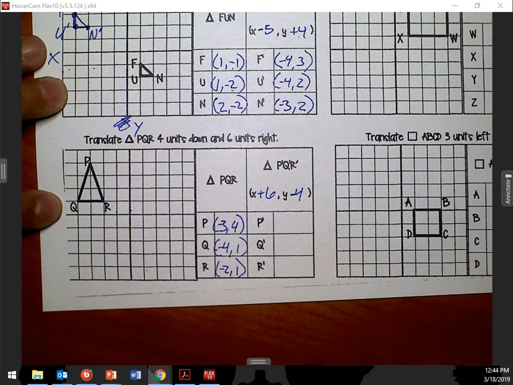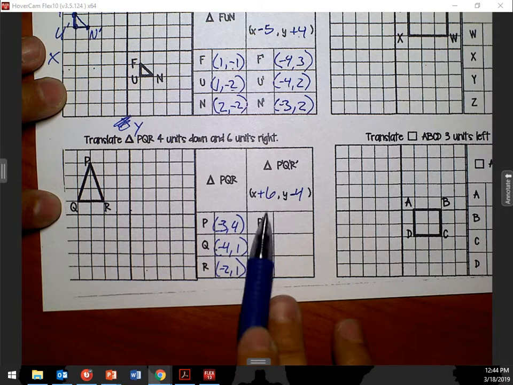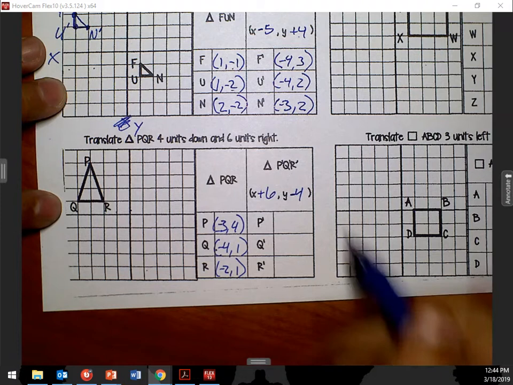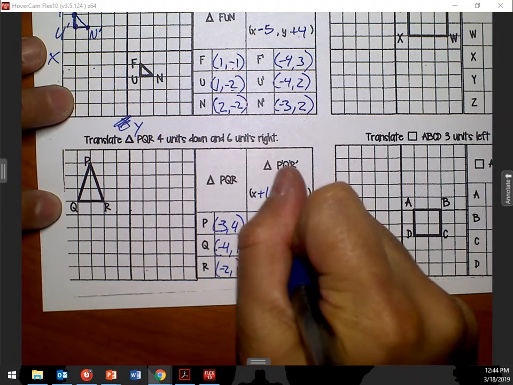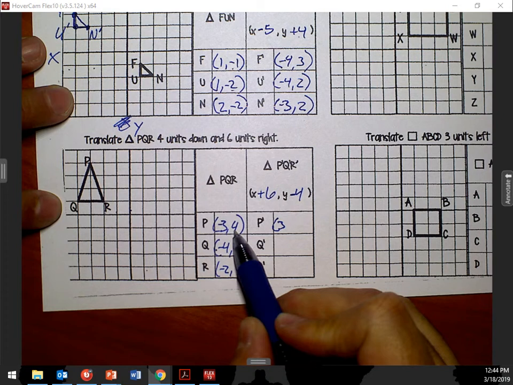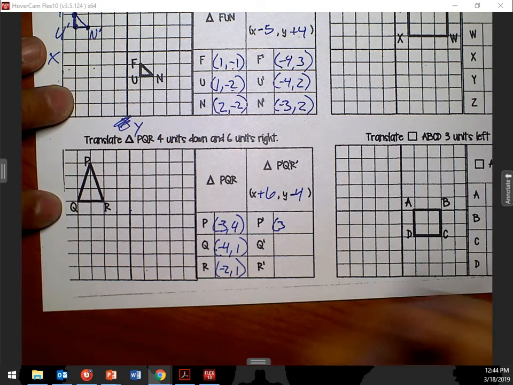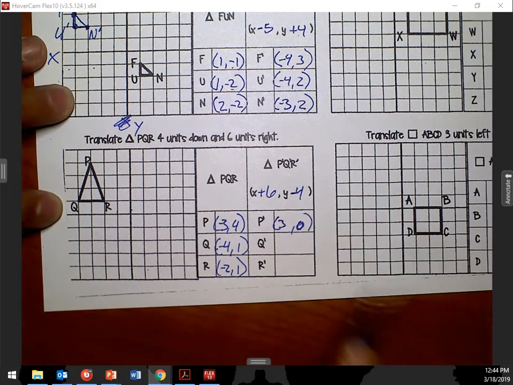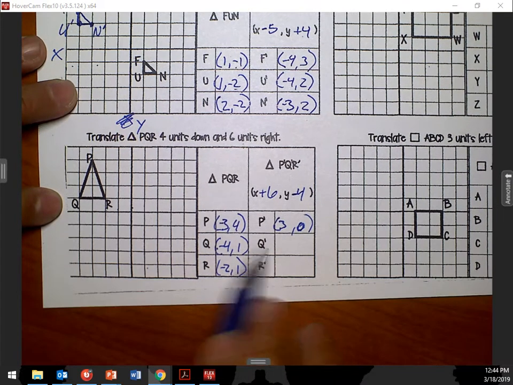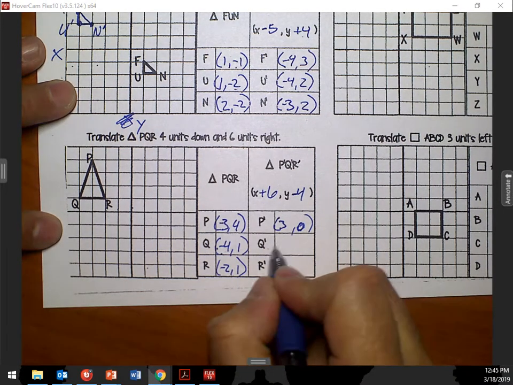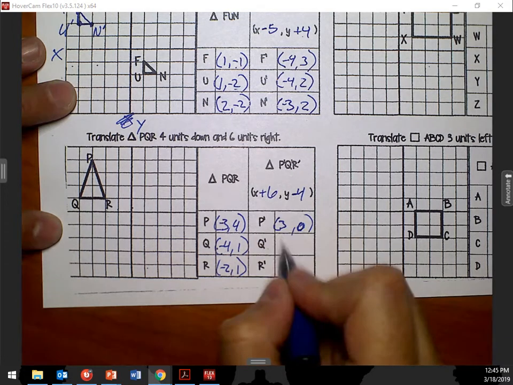All right, let's do the math now. It says x plus 6. So it's negative 3 plus 6. Positive 3, right? Positive 3 and 4 minus 4. Now for the Q prime, negative 4 plus 6. That's going to be positive 2, right?